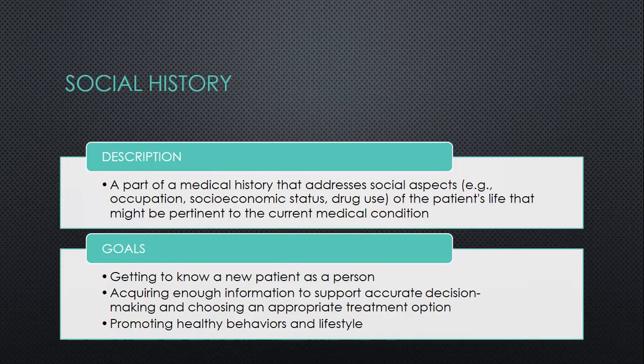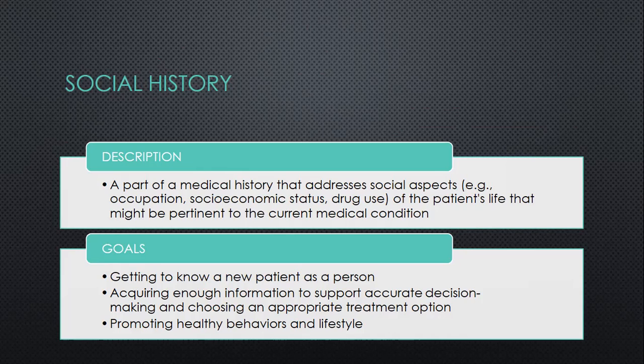What are the main goals here? To get to know a new patient as a person, to acquire enough information to support accurate decision making and choosing an appropriate treatment option, promoting healthy behaviors and lifestyles.